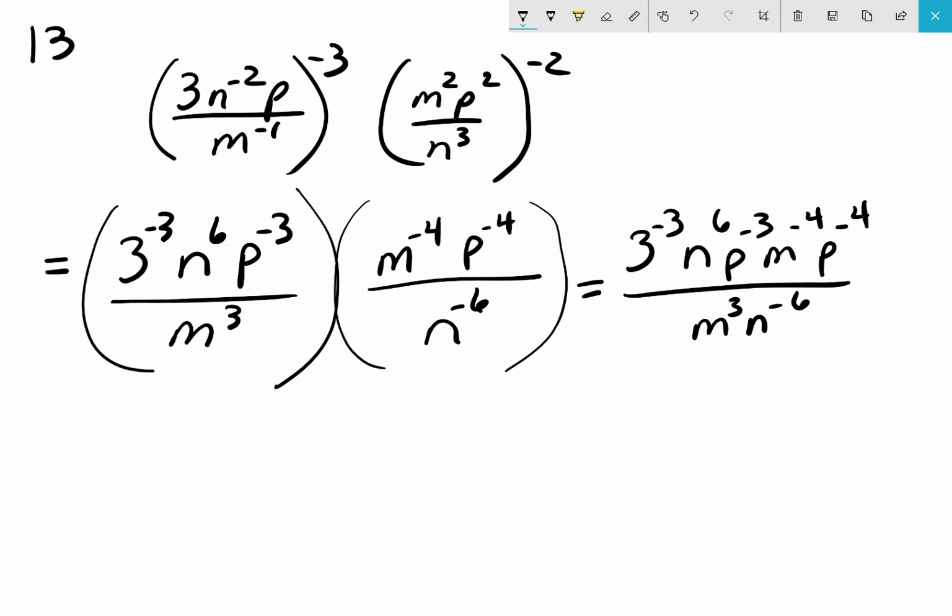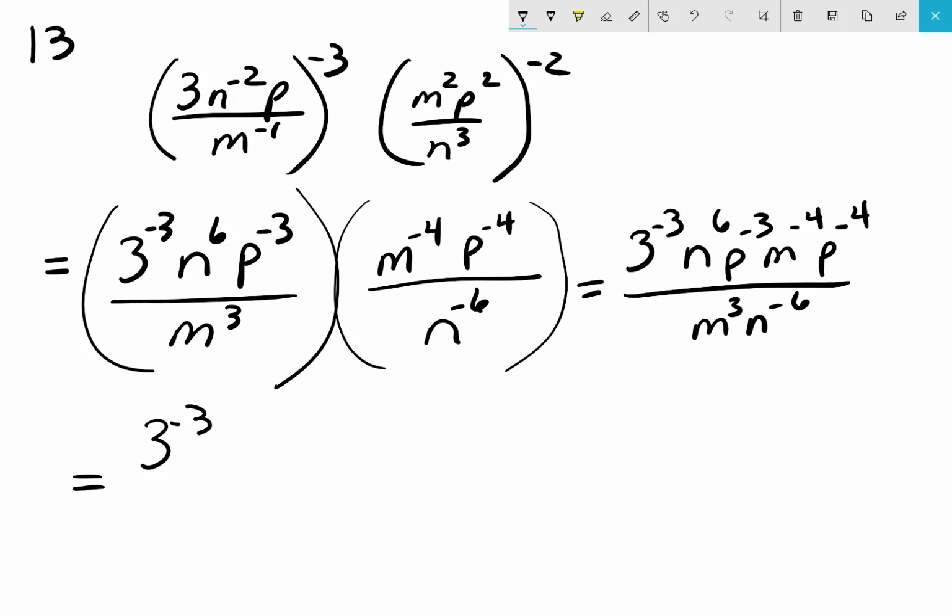All right? Now, you're going to add your exponents on your like bases. When you multiply like bases, you add the exponents. So, 3 to the negative 3. You've got n to the 6th power here on top, and you can either subtract the exponents on the n's.